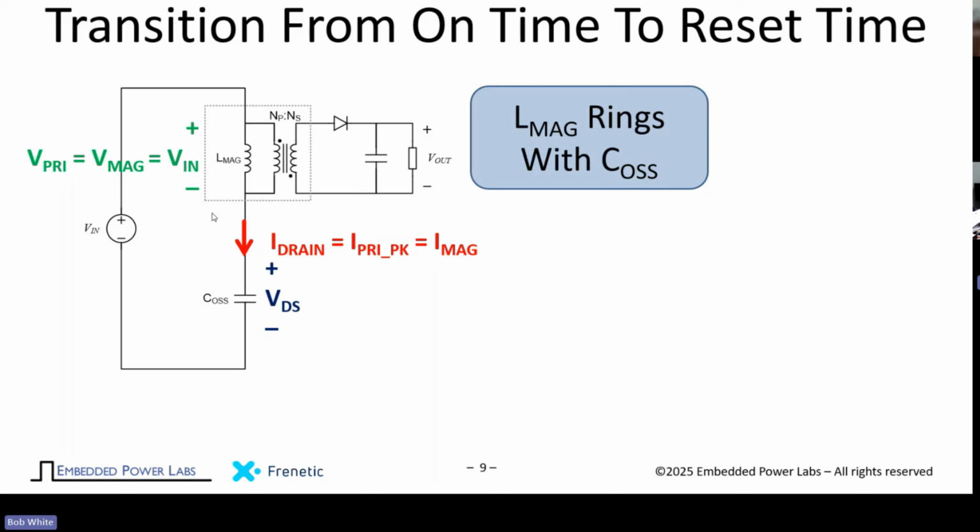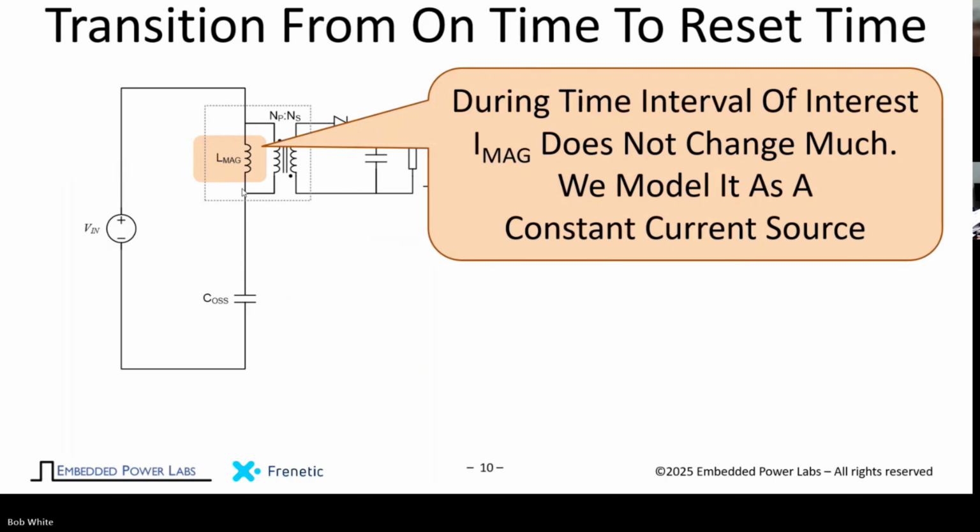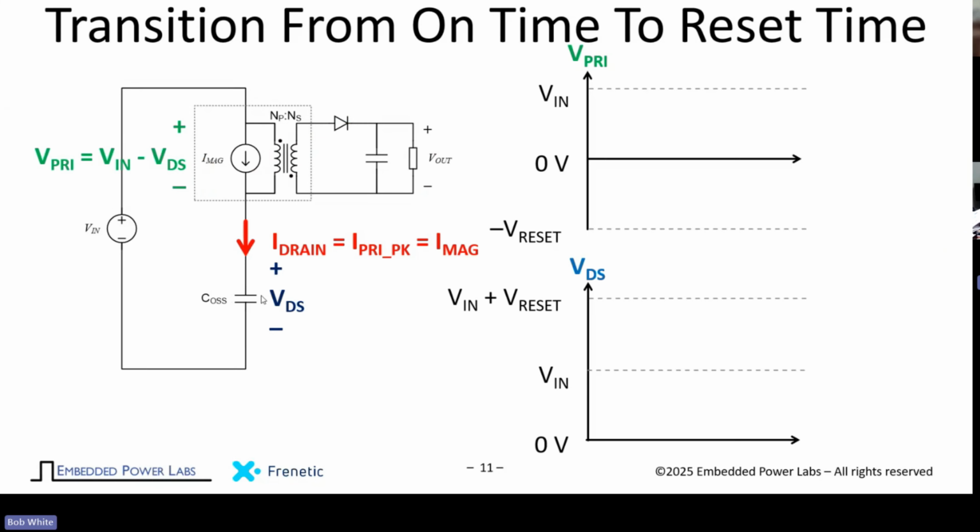But the reality is that during this time interval of interest, this transition time, the current doesn't change very much. This really looks like a current source driving into a capacitor. And that's the way we're going to model this: a current source driving this current into this output capacitance.